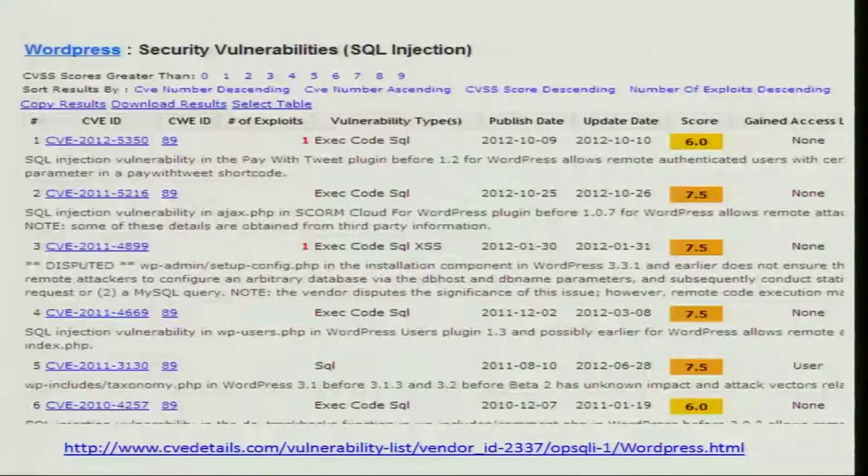Now just to tell you how common SQL injection vulnerabilities are. WordPress, through which many of you might be maintaining your website, has had a whole lot of vulnerabilities related to SQL injection, and if you go to the CVE database you will see many of them. SQL injection is rather common for many systems.